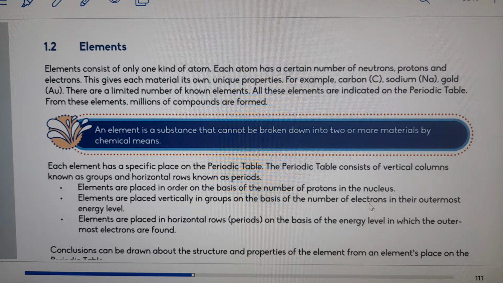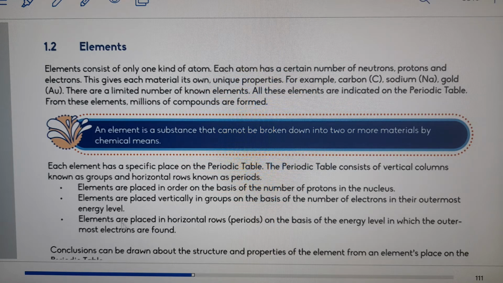number of electrons in their outermost energy level. We will explain this energy level further, but they say they are placed vertically in groups on the basis of the electrons in their outermost energy level. I will explain this to you as we grow with the subject.